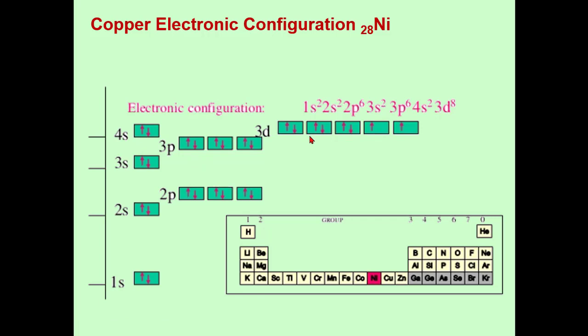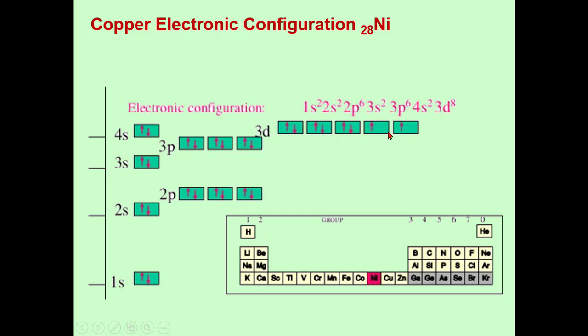Comparing nickel with copper, you may remember copper has a 3d10 ground state configuration with 4s1, but here there are two electrons in the 4s orbital and 3d8, with single electrons in the fourth and fifth orientations.